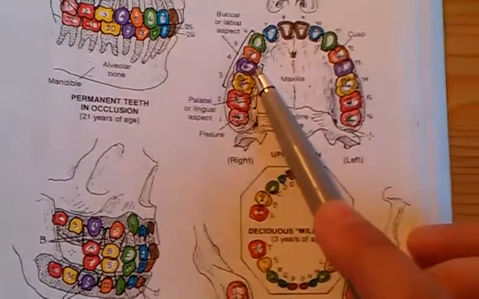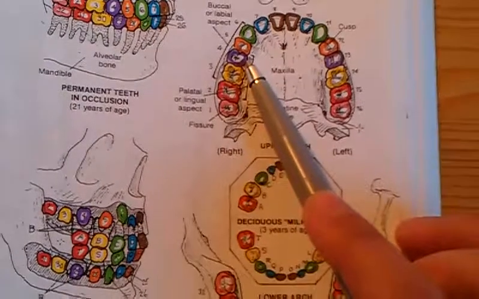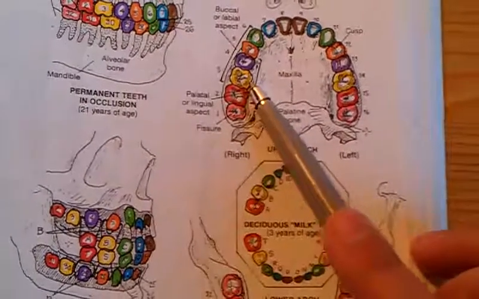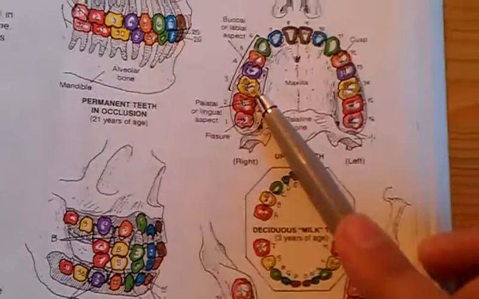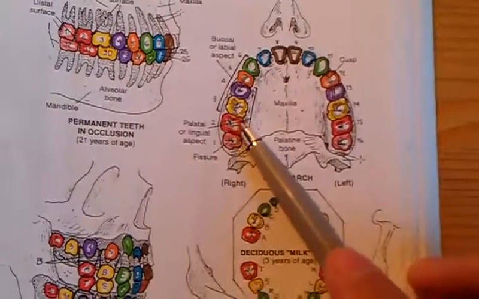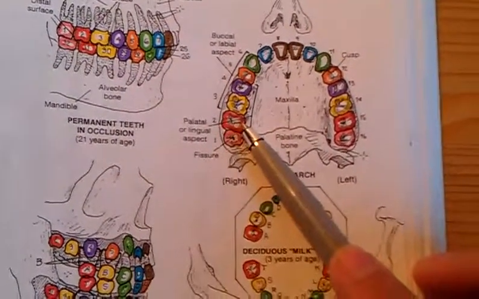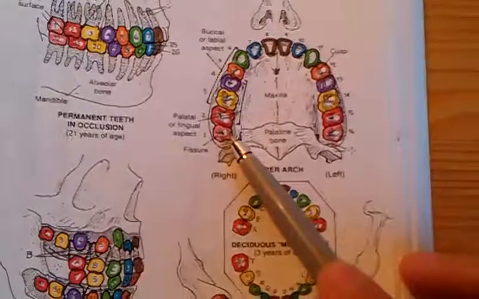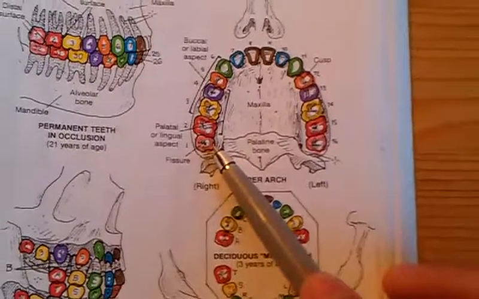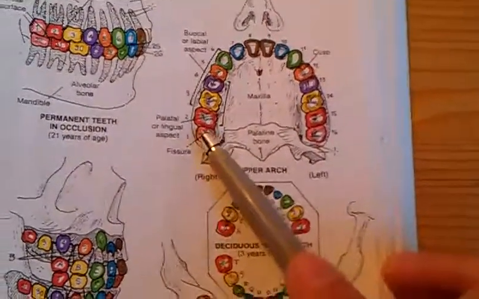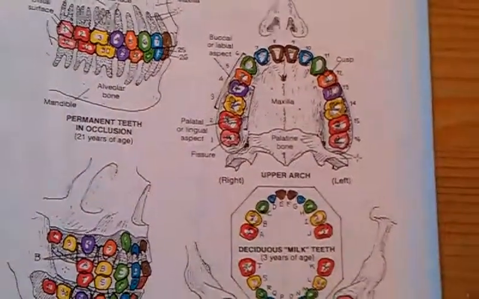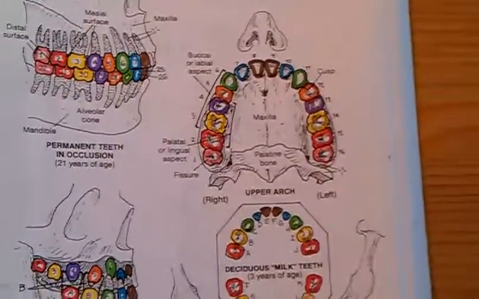Second premolar, 11 to 14 years. The first molar, 6 to 8 years of age. Second molar, 10 to 15 years. And the third molar, 17 to 30 years. That is also called the wisdom tooth, which is very painful to get for some people.